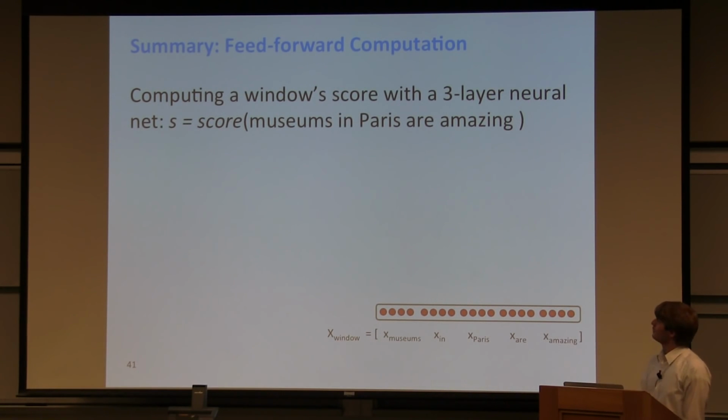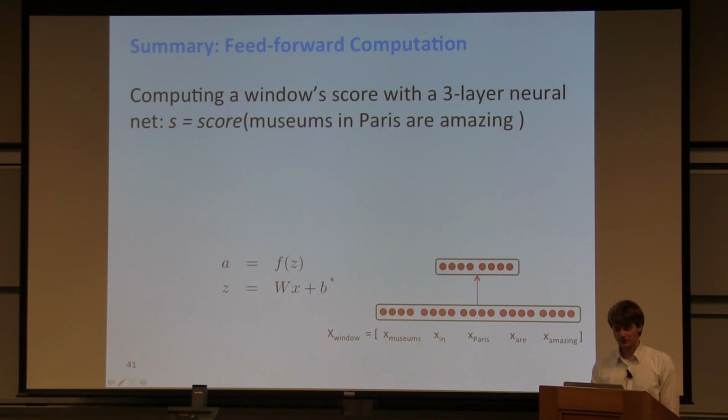Now, the way to compute that window score with a, again, some people might call this a 3-layer neural network, others might just call it a 1 hidden layer neural network, is as follows. We take our window and concatenate the word vectors. Let's assume, for instance, each of the word vectors is 4-dimensional, and we have 5 of them that we concatenate. Now, the first layer will be, again, a linear matrix vector product plus the bias term, then a simple element-wise nonlinearity, and then we'll compute a score.